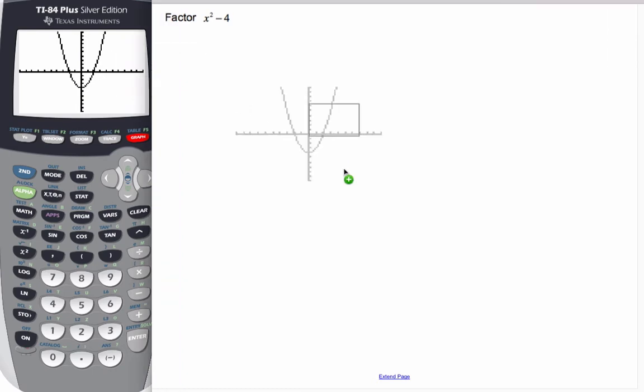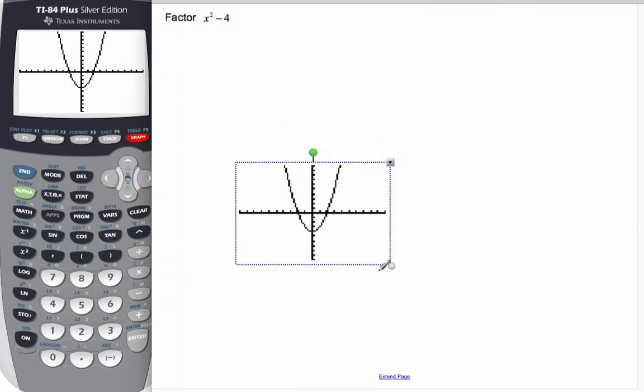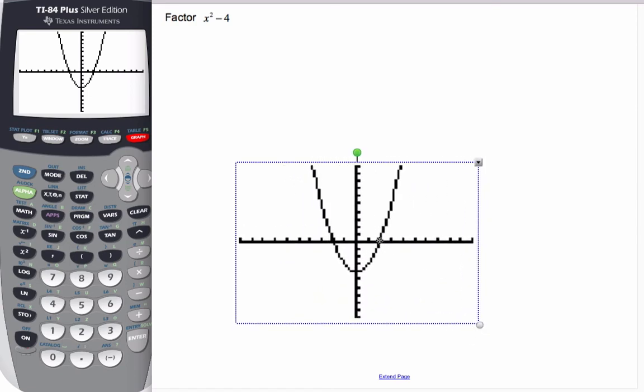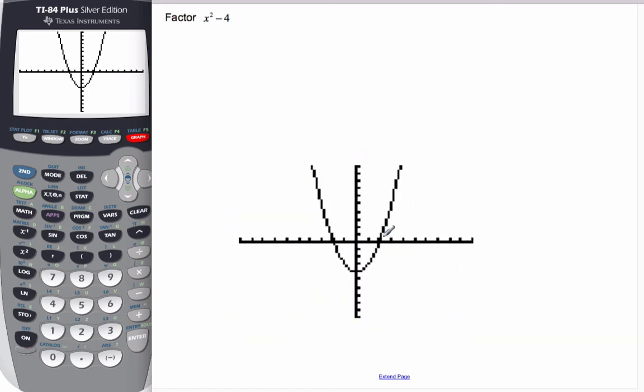If I pull this over, I can talk about it now. I am looking for these values here. If I look at this one first, what can you estimate this number to be? What number might that be? 2. Okay, that's a good estimate.